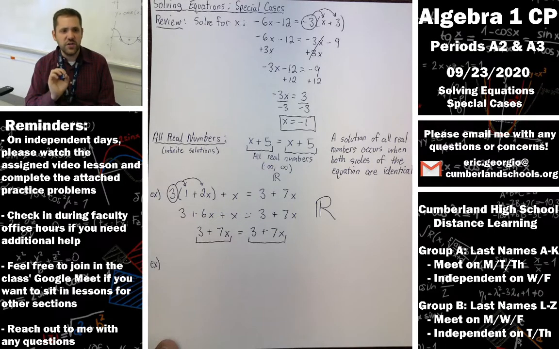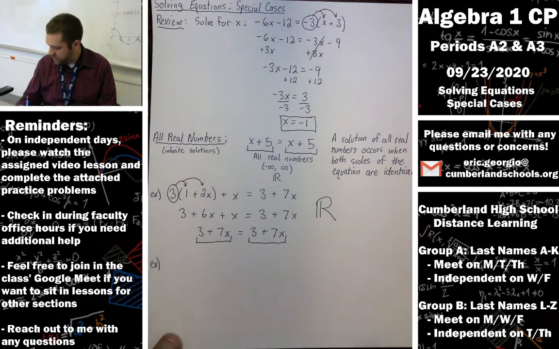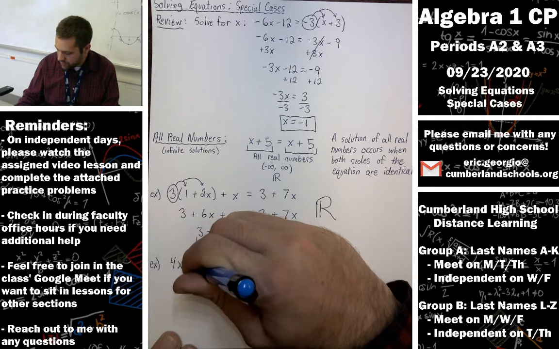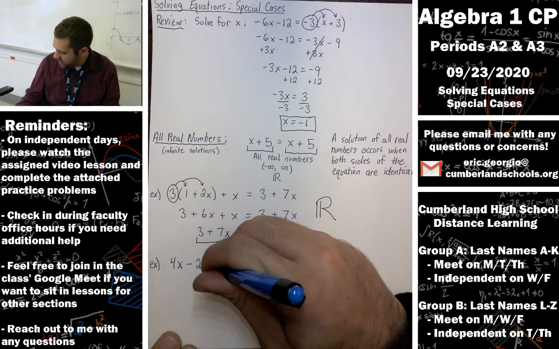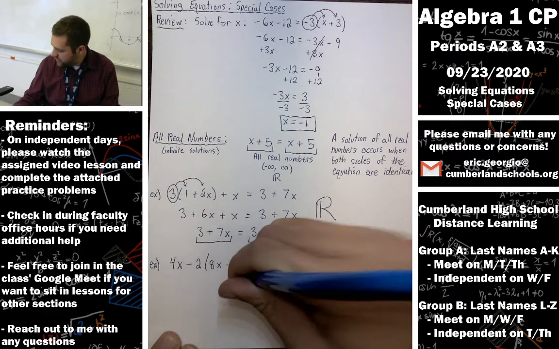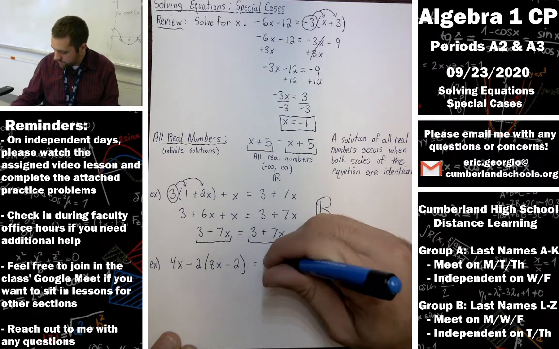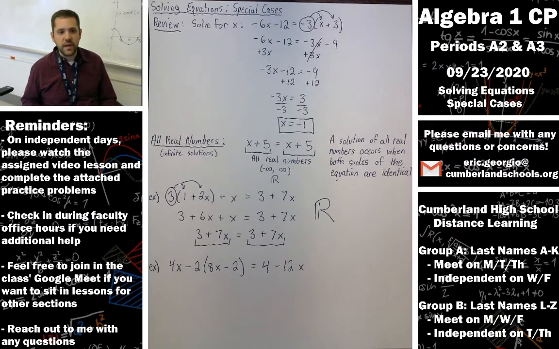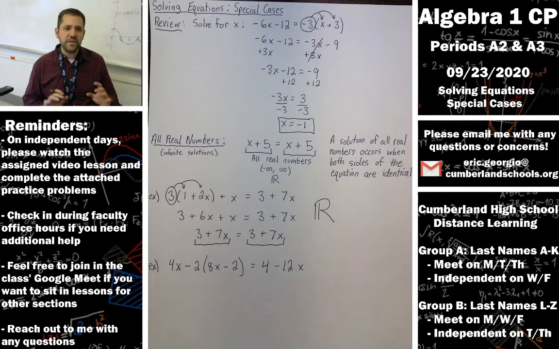This one's going to have an interesting tidbit of information in it that we have to look out for. Ready? 4x minus 2 times (8x minus 2), all in parentheses, is equal to 4 minus 12x. Okay, take a look at that problem. At first glance, hard to tell, right?